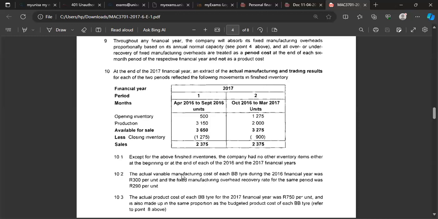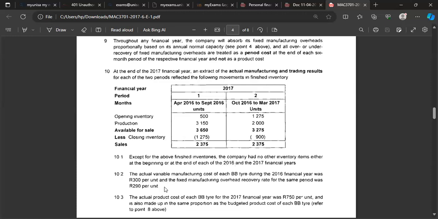And when they say overheads, they are overheads. They will not include material, they will not include labor. So in this instance, for the 2016 period, the company had no other inventories except for the ones that we have here for the 2016 and the 2017 periods.